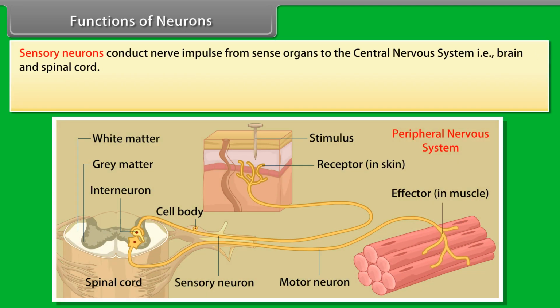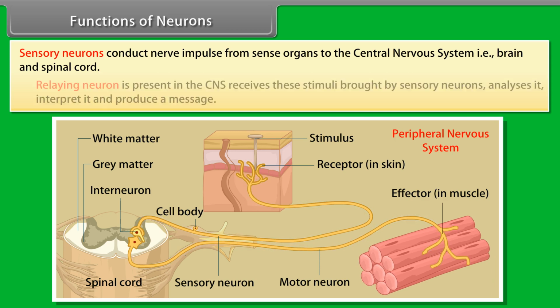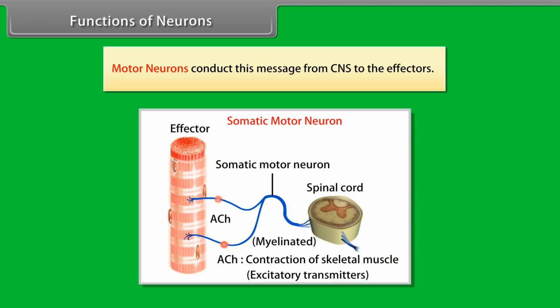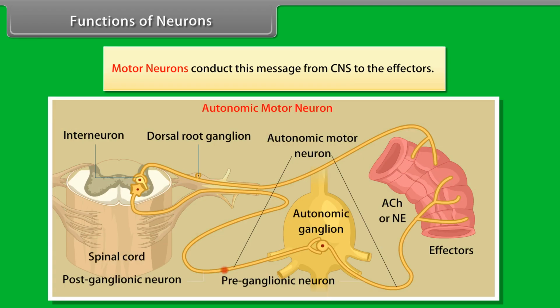Sensory neurons conduct nerve impulses from sense organs to the central nervous system, that is, brain and spinal cord. The relaying neuron, present in the CNS, receives these stimuli brought by sensory neurons, analyzes and interprets them, and produces a message. Motor neurons conduct this message from the CNS to the effectors.